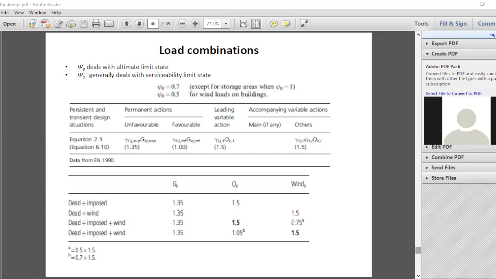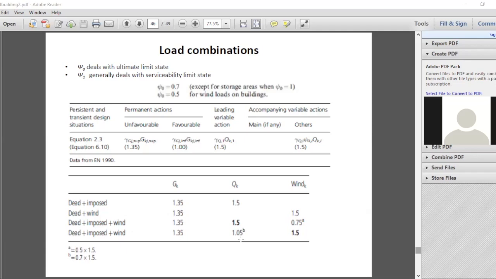For the wind, we use only 50% of the wind. On the other hand, we can also have a possibility. The building is not carrying full live load, as you can see here. So the building is carrying only 70% of the live load, and a cyclone hits the building on that particular day. So we have to consider dead load, imposed load, and wind load, all three.